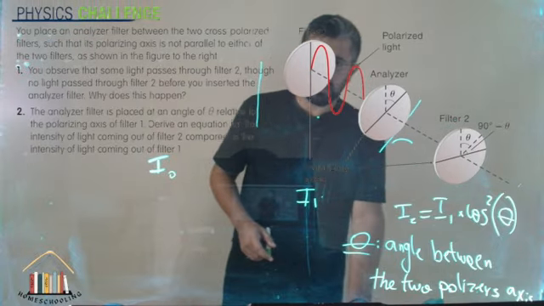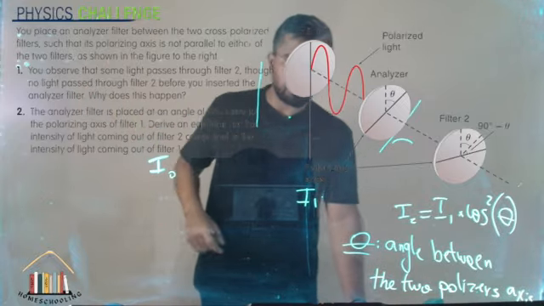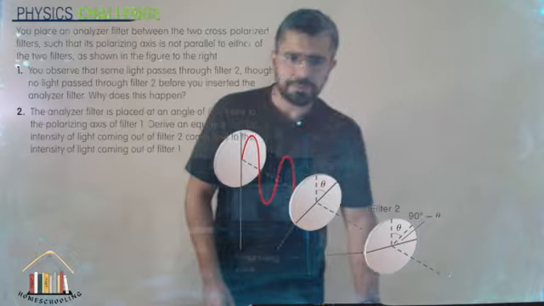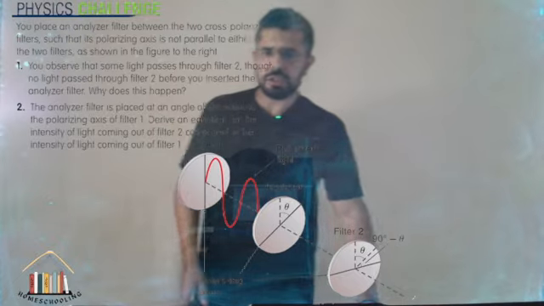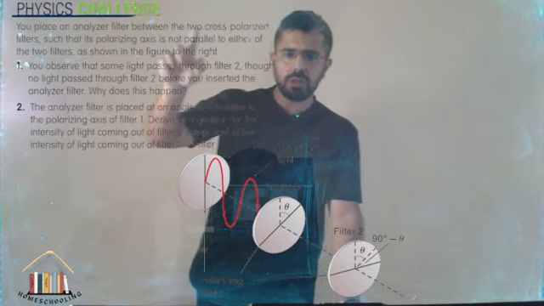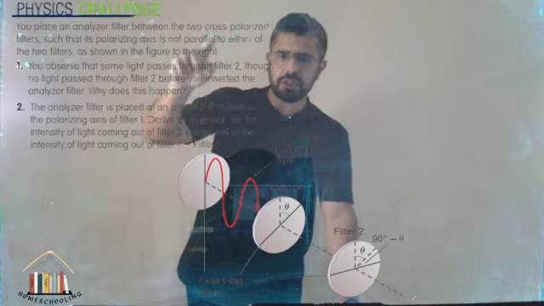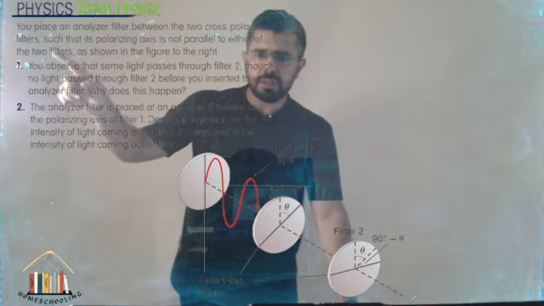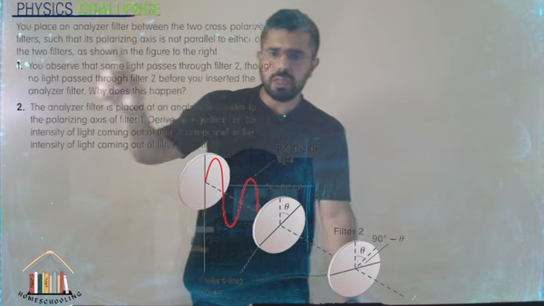Let's clean the board first. In this question, you place an analyzer filter between two cross-polarized filters, meaning they are perpendicular to each other, such that the polarizing axis is not parallel to either of the two filters.